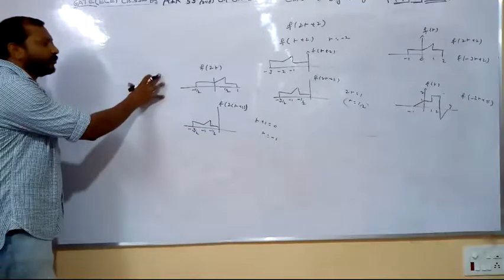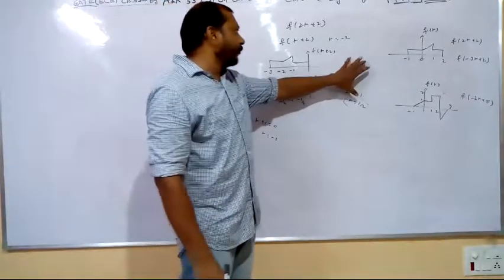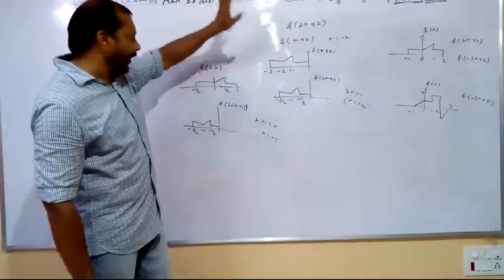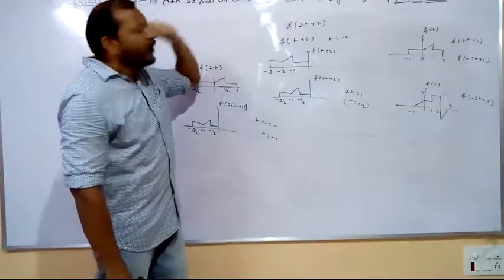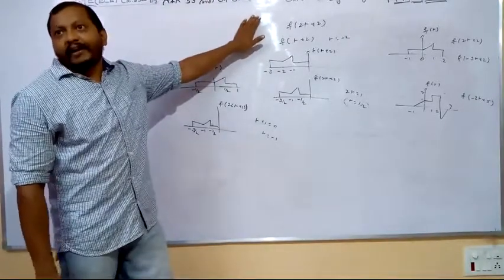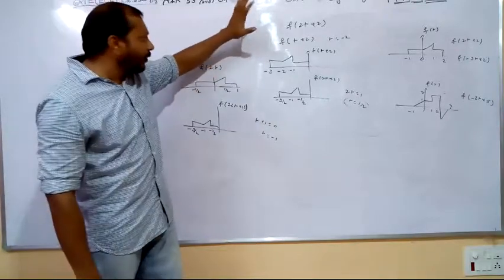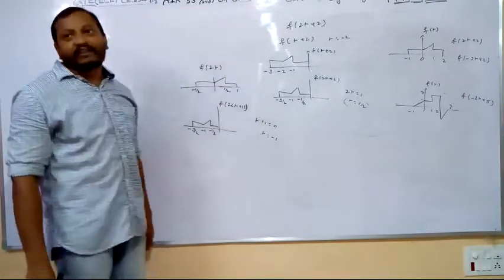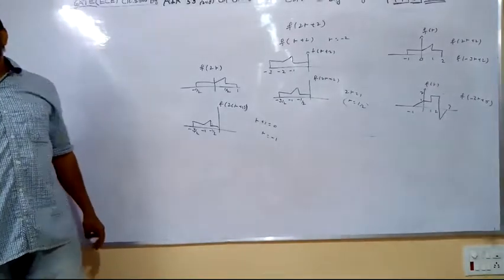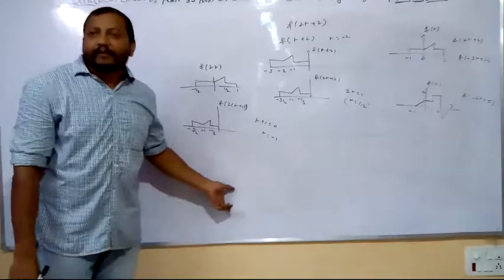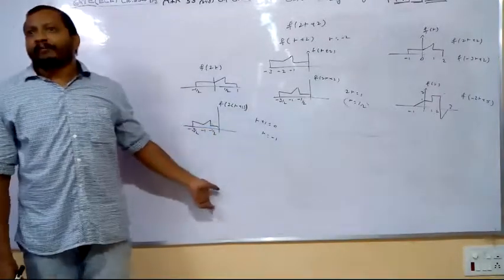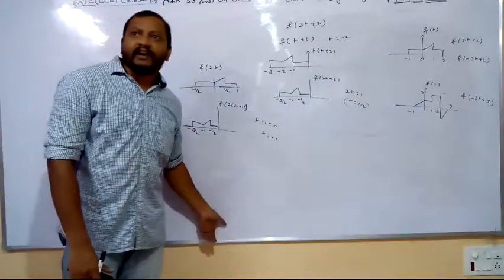Whatever procedure you may follow, the recommended procedure, as I told you again, is f of 2t plus 2. In discrete signals the operation is about scaling and shifting, so we have to follow this procedure only: first shifting, then scaling. Because if you do the scaling first, some sample values may roll out and may not appear in the final signal.